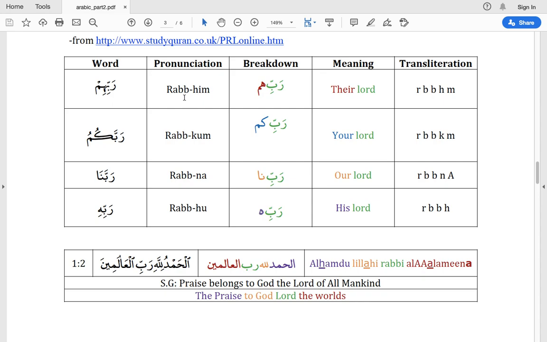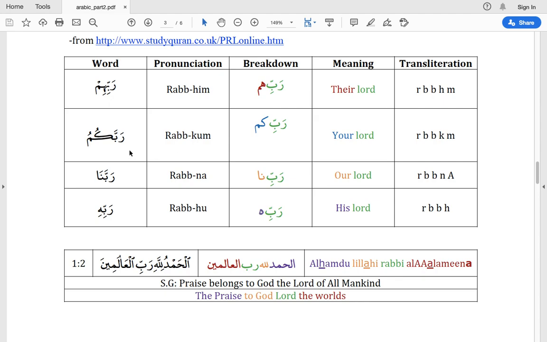You can say Rabbihim or Rabbuhum. Again, it doesn't make any difference. We're interested in the meaning of the words. Here we have Ra, Ba, and then the other Ba because of the Shadda, Ha, Mim. Here's the breakdown: we already determined that Rabb means Lord, and hum or him means their. This one always means their.